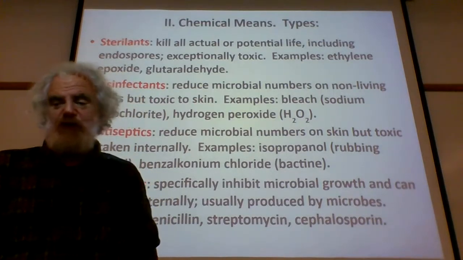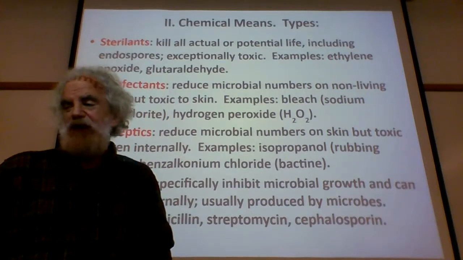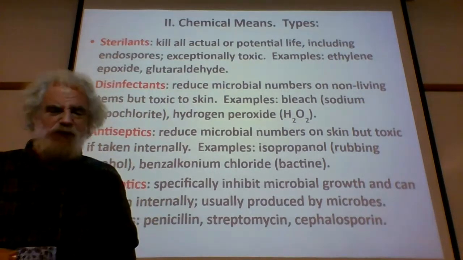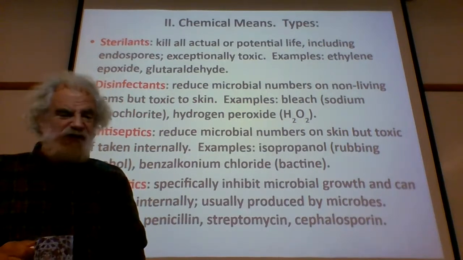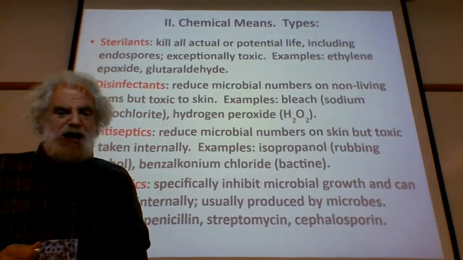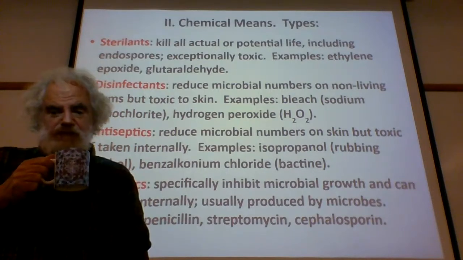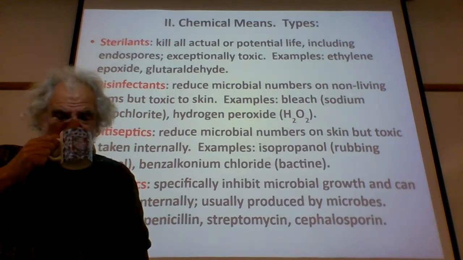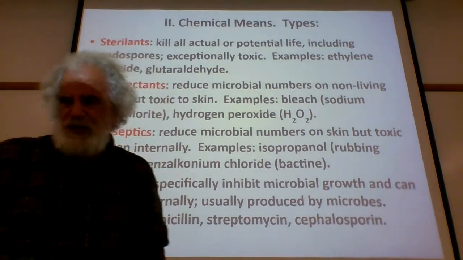That means endospores, bacteria. It's stuff that's going to be pretty darn toxic. Things like this would be ethylene oxide, which is probably used industrially. Glutaraldehyde is a fixative, very much like formaldehyde. These are things that are going to absolutely sterilize surfaces or materials, and so they actually work fairly well. They are quite toxic, though, so you can't really use them on people.